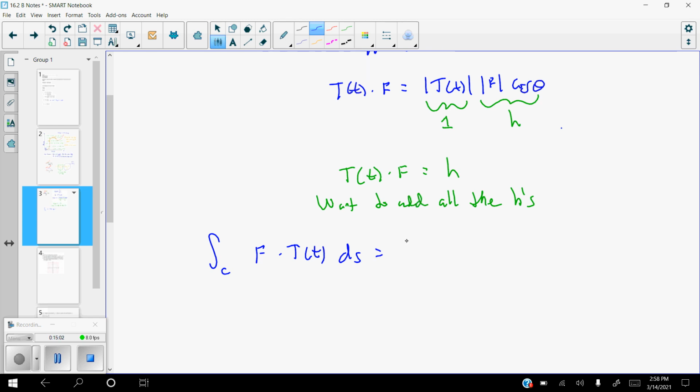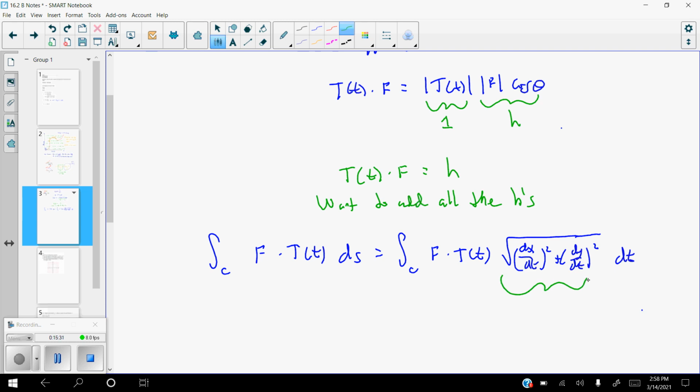So we can rewrite that. The line integral, the force dotted with the unit tangent vector, and then the ds part we know is, I guess we're assuming this is two-dimensional right now, the square root of (dx/dt) squared plus (dy/dt) squared dt. But what is this?